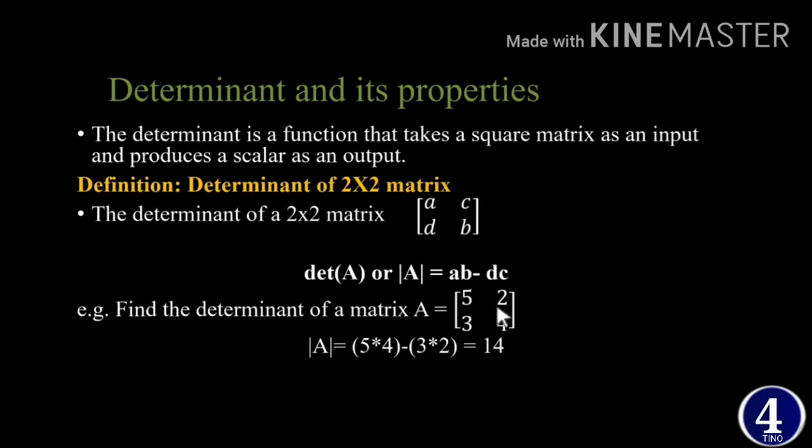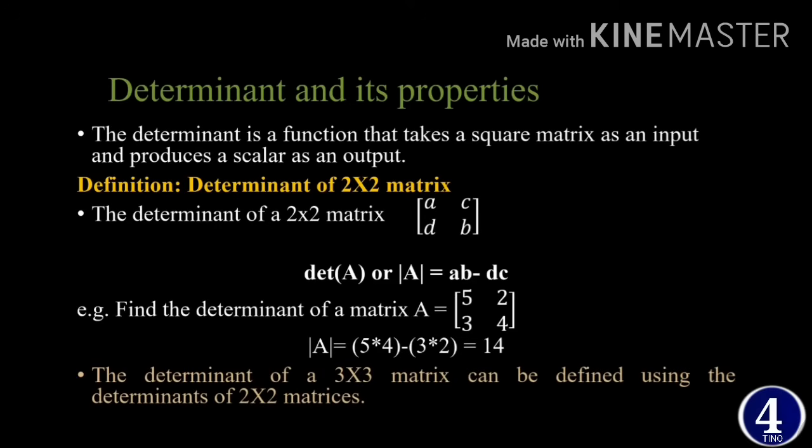Then 20 minus 6 is equal to 14. So it used this matrix as an input, and what result did it give? It produced a scalar. That is the determinant of a 2 by 2 matrix.